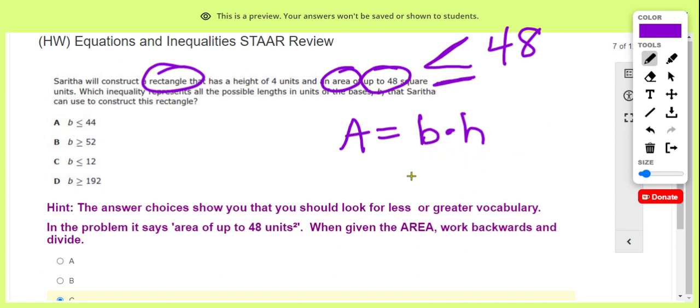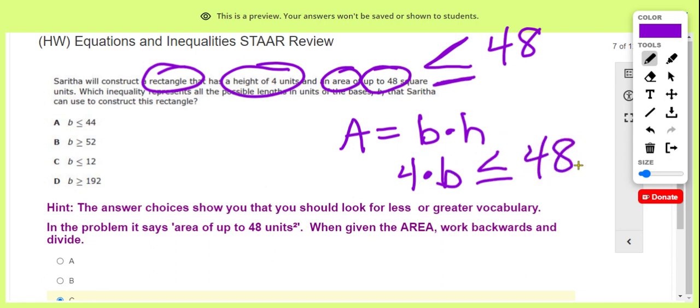Okay, so here we have the height of 4 times b. All of this is less than or equal to 48 because 48 is the highest we can go. So we've got 4 times b is less than or equal to 48. These numbers are way too big, and the sign is backwards. So you're going to divide both sides by 4.